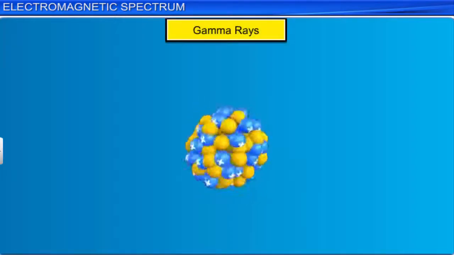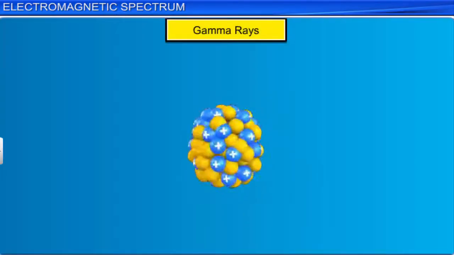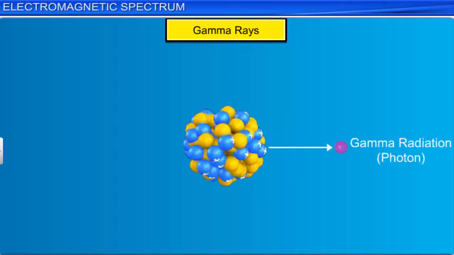Let us first look at electromagnetic radiations with the highest frequency, called gamma radiations. They are released when an excited nucleus comes to a lower energy state. Now, let us discuss some of the properties of gamma rays.